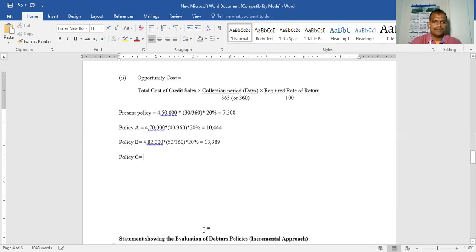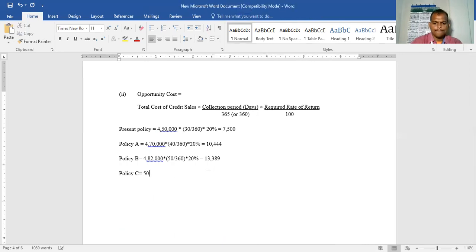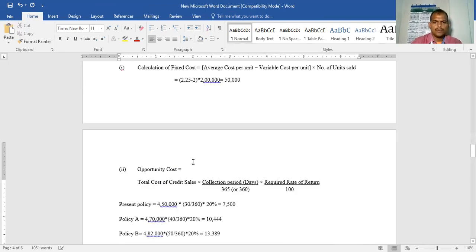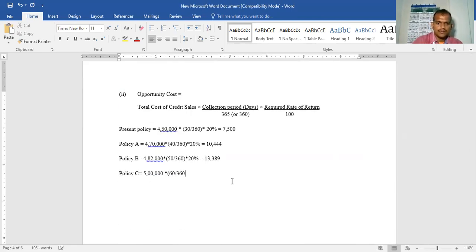Policy C: 5 lakhs into 60 days, 60 by 360 into 20%, which is 16,667.